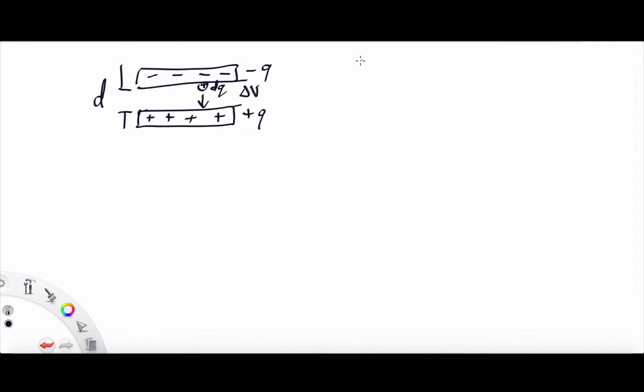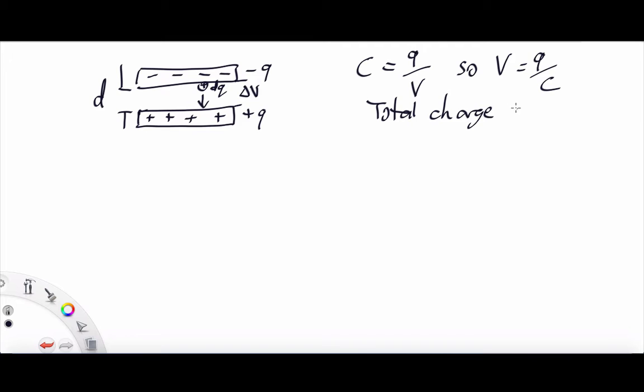Now the thing we know is that capacitance is Q over V, and so V will be Q over C. Now, this charge, little dQ, is going to keep moving across one after the other until we have a total charge that we will call capital Q. So we're moving dQ, that means we're doing work on it.